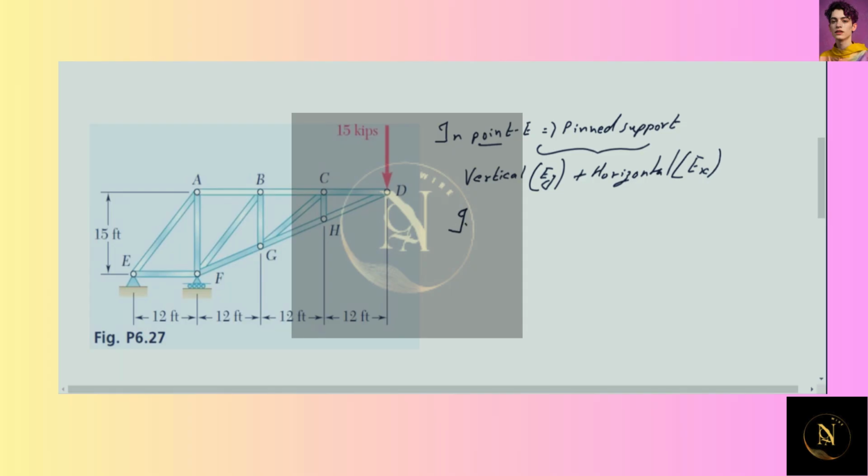And in point F, there will be one roller support, and because of this kind of support, there will be one vertical reaction.